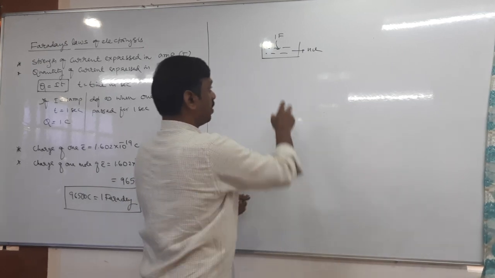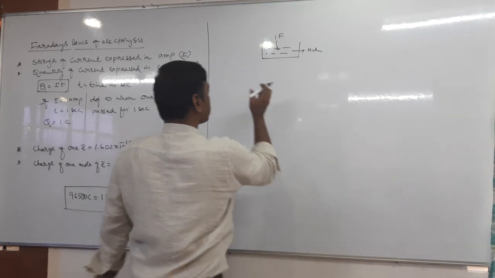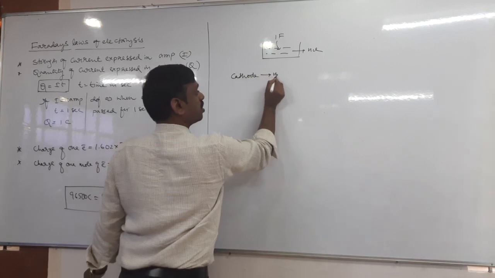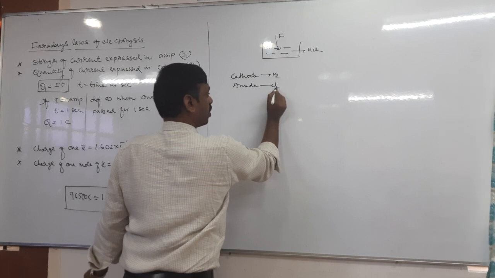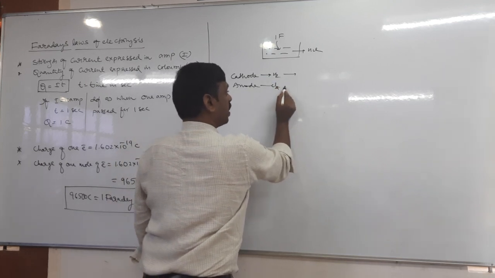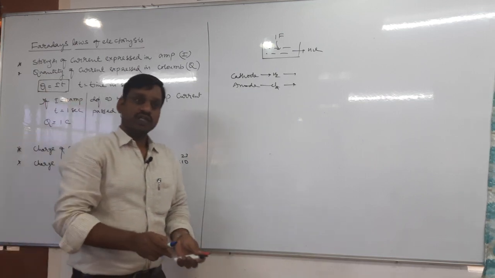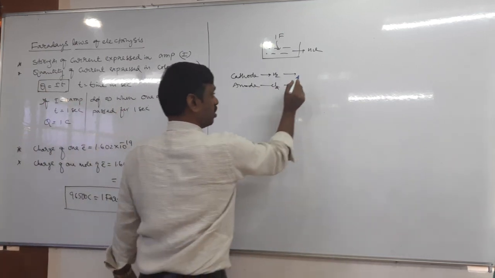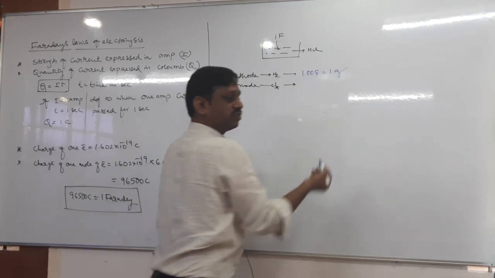When current is passed through hydrochloric acid, what is liberated at the cathode? Hydrogen gas. And at the anode? Chlorine gas. How many grams of each are liberated? It is the gram equivalent weight. The equivalent weight of hydrogen is 1.008, approximately 1 gram, which you can take for calculation.